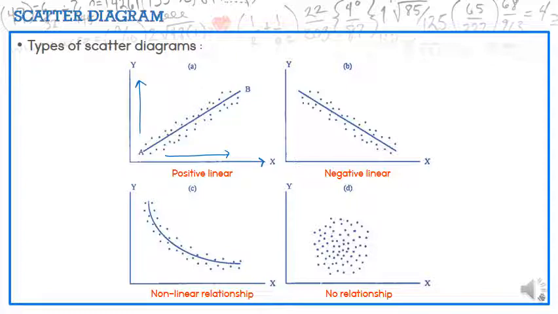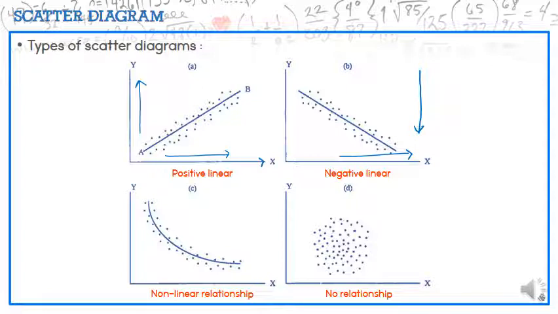So this one is an example of a positive linear relationship. In B, we can see that as x increases, y tends to decrease. So this is an example of a negative linear relationship.